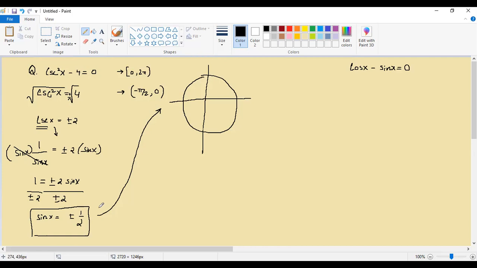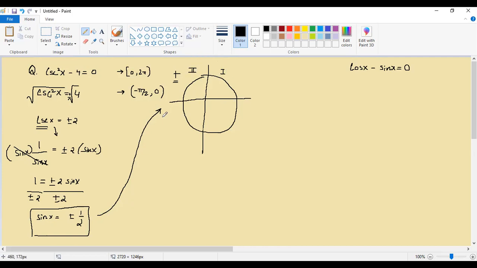The first is the positive case, and the second is the negative case. The positive case is where the sine of theta equals 1 over 2. Now, the sine of theta characteristically is positive in quadrants number 1 and number 2.